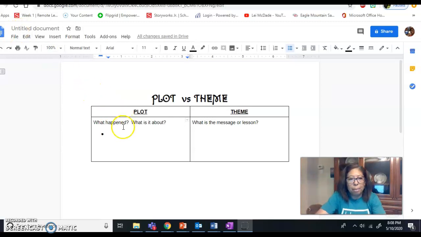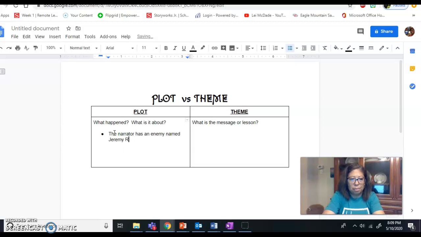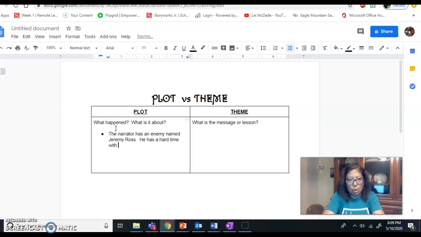What happened in the plot? We start like we did with Plot Mountain. Let's start at the beginning, where we introduce the problem. What happened was the narrator, which was the boy in the story, has an enemy named Jeremy Ross. He has a hard time with him.